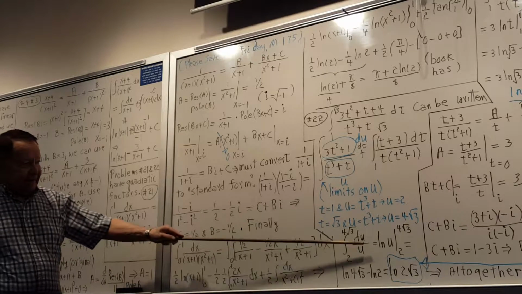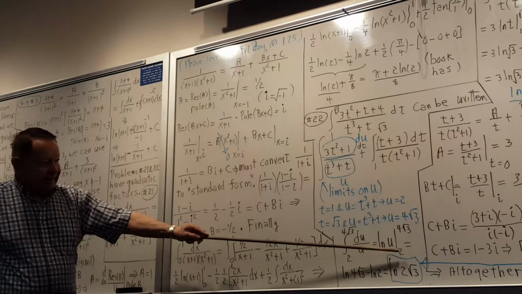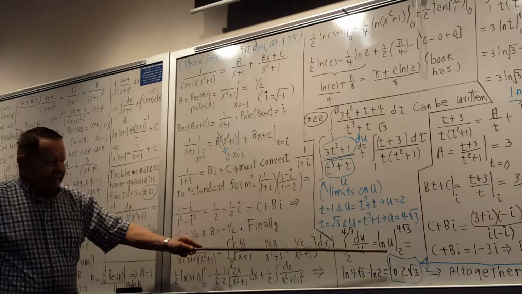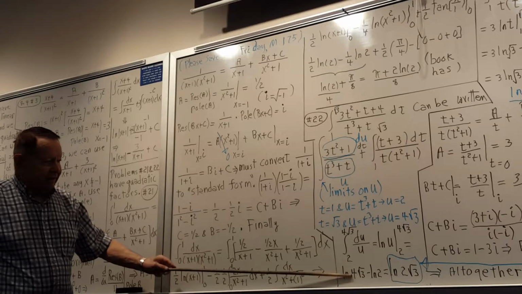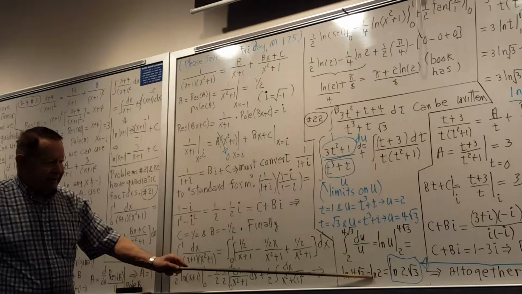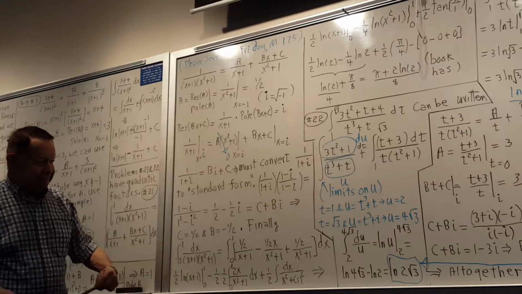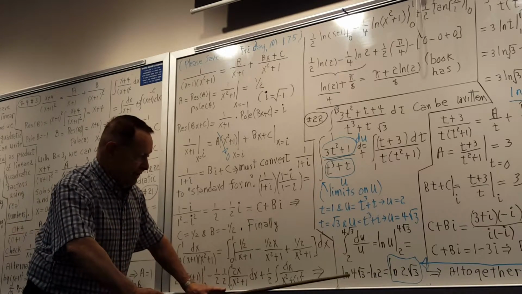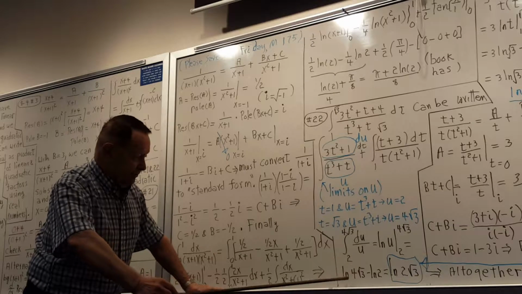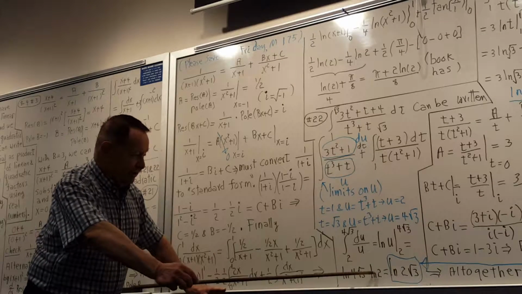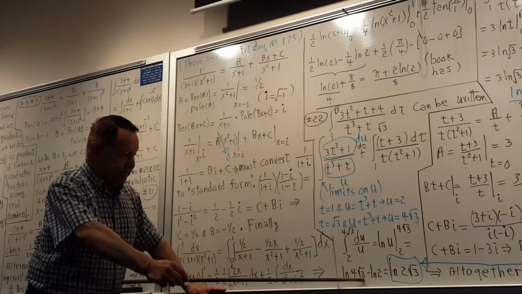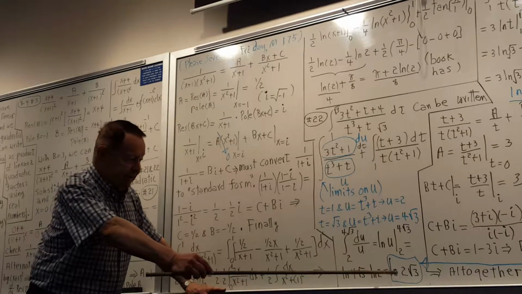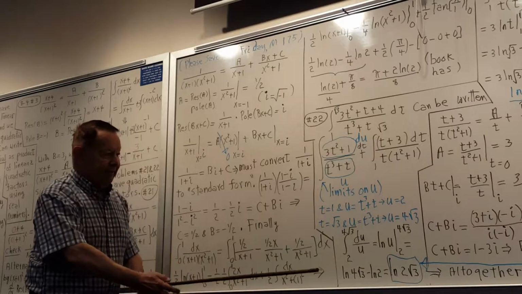And so then I get log u between the limits, and so that'll be log 4 root 3 minus log 2, and that will give me, remember the difference of the logs is the log of the quotient, so it's log of 4 root 3 over 2, and that's log 2 root 3.